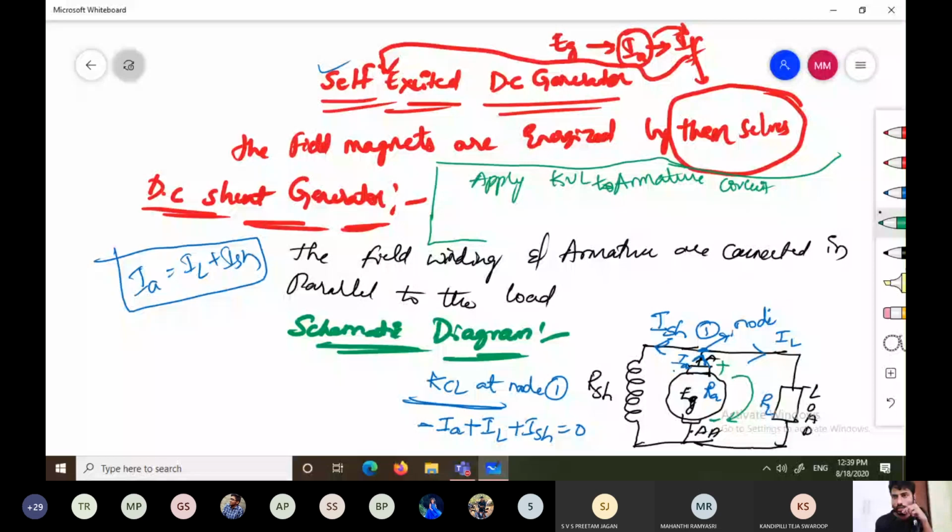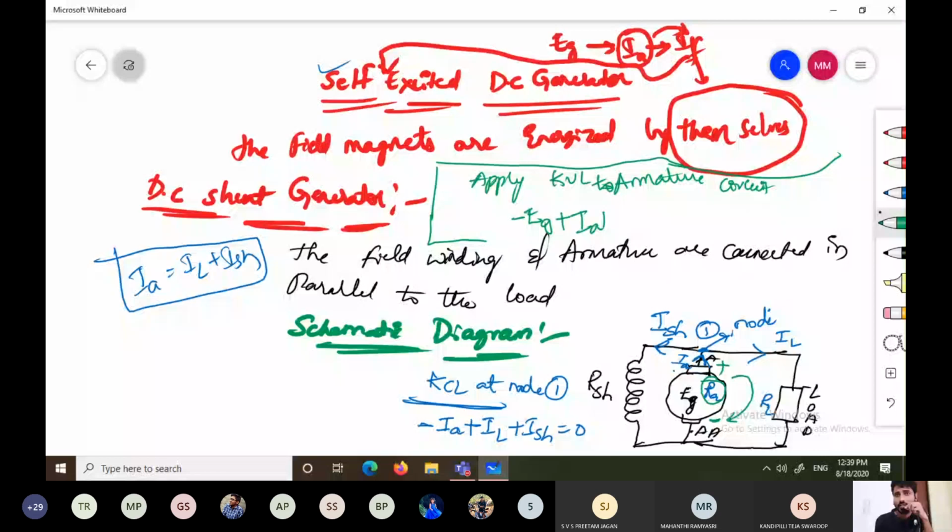And we are going in the direction of IA, so we have RA. RA is the internal resistance present in the armature. Whenever current passes through the armature, there will be a drop. The drop is always positive when we are considering the same direction of current. As we are moving in the direction of IA, we consider it positive.